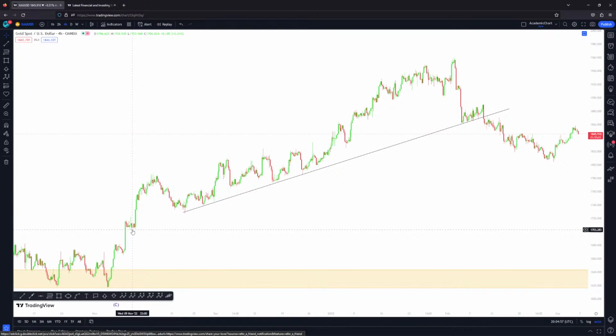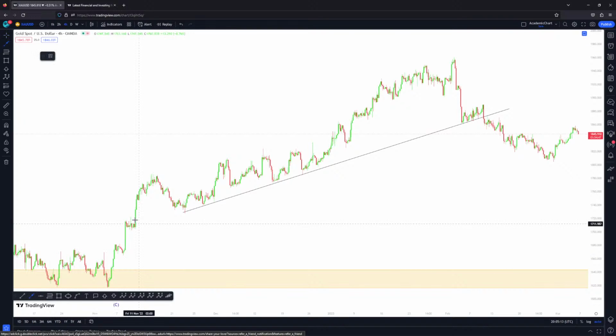Also remember, a valid impulsive wave is when the fourth wave, which is correcting here, should not enter the territory of the first wave. So it should not come down.